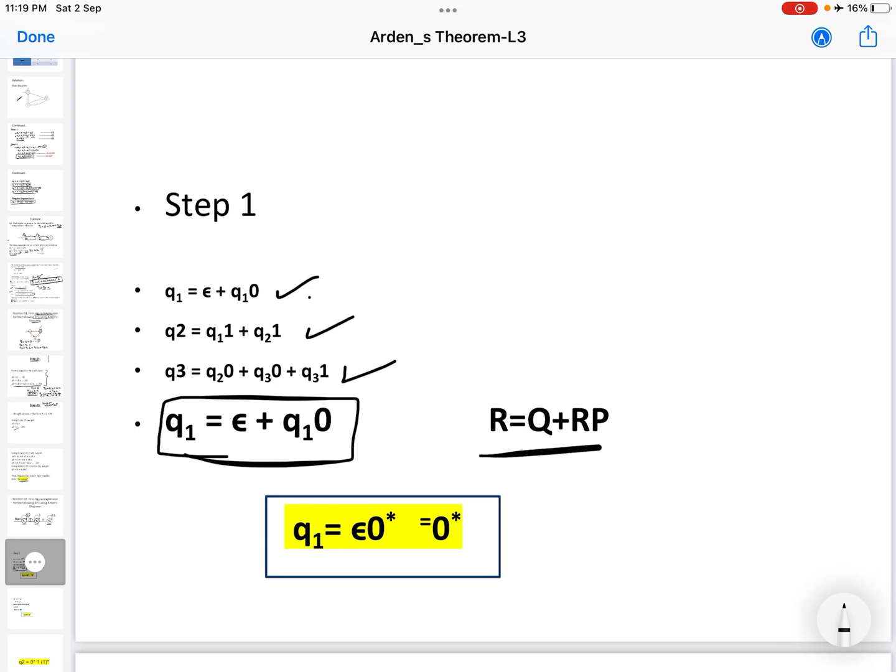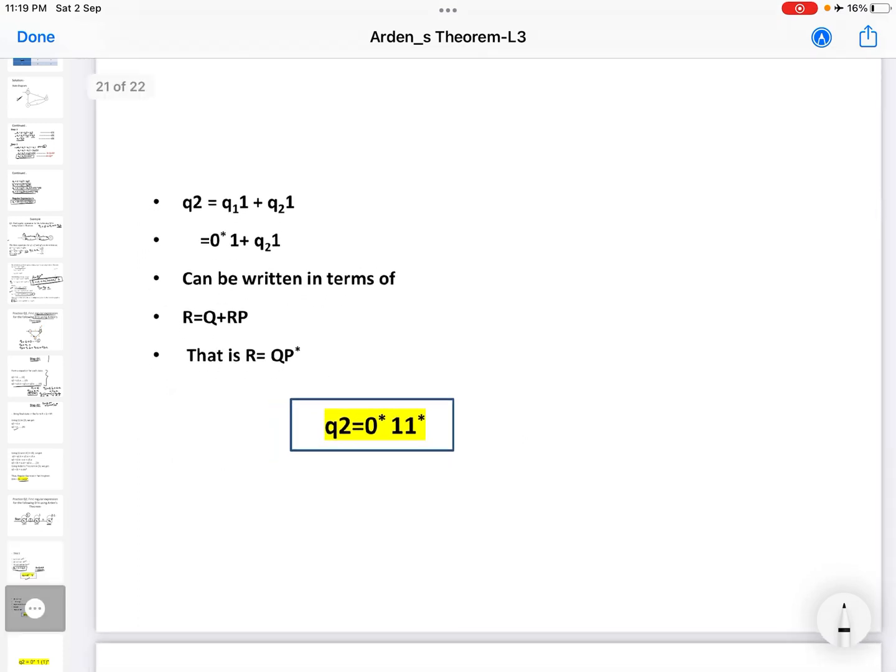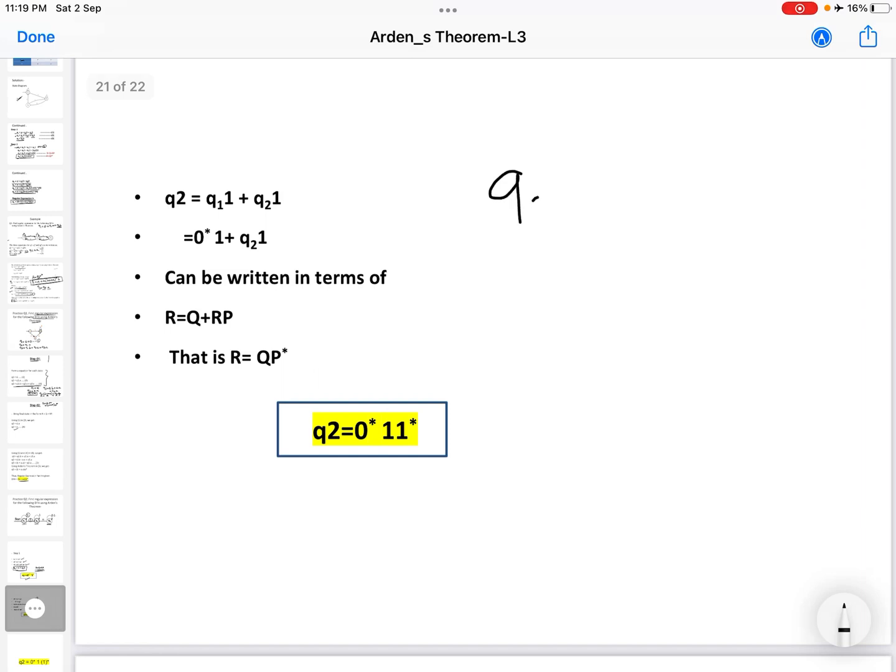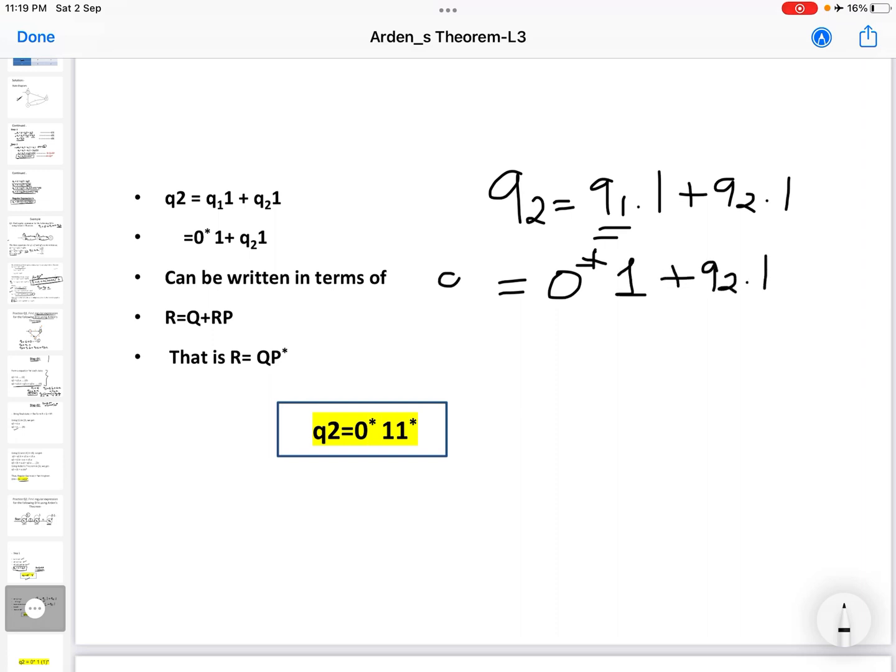Now you have this. This is already in the form of R is equal to Q plus RP. So Q1 is 0 star. Q2 is given as Q1 into 1 plus Q2 into 1. Q1 you have already got as 0 star. So we'll write 0 star into 1 plus Q2 into 1.